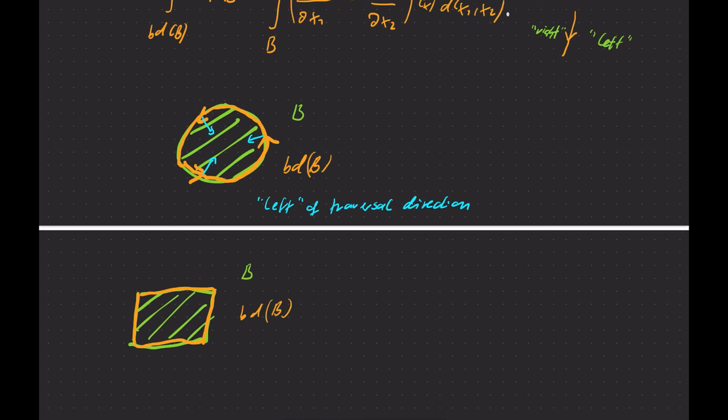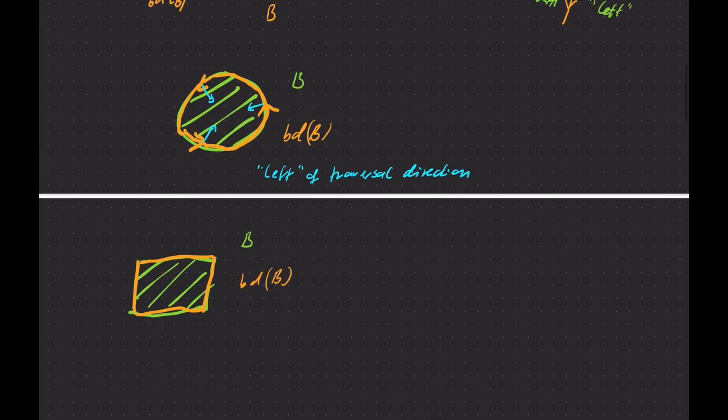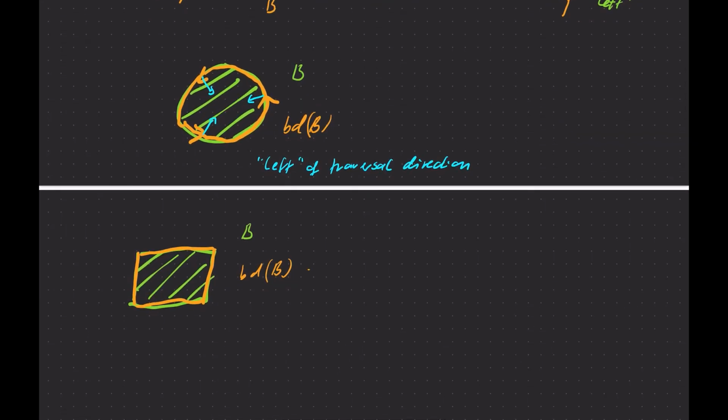Each one of those is just a straight line, so each one of those is a differentiable curve. But now we have 4 pieces that we need to consider. So that boundary is now piecewise differentiable, with 4 pieces.